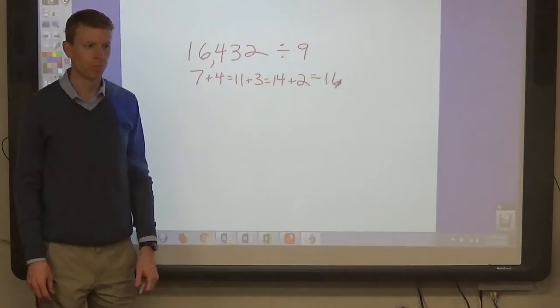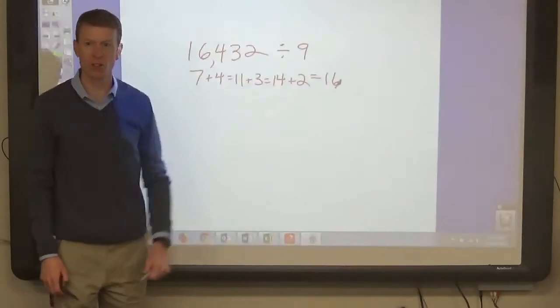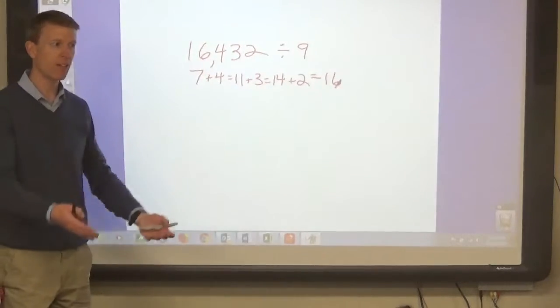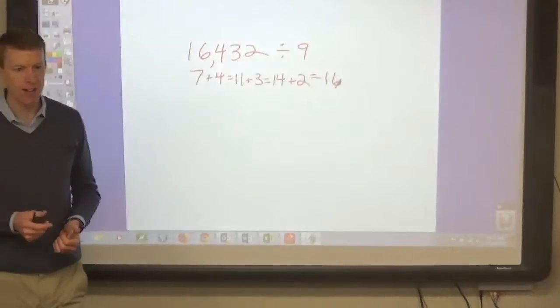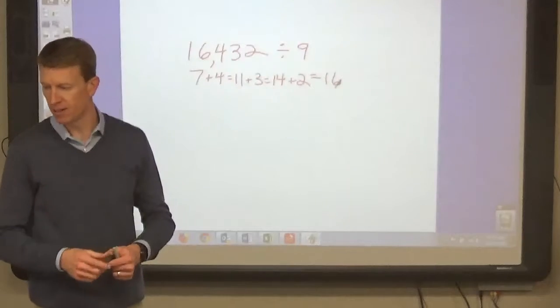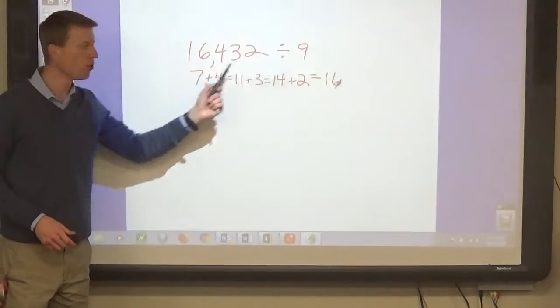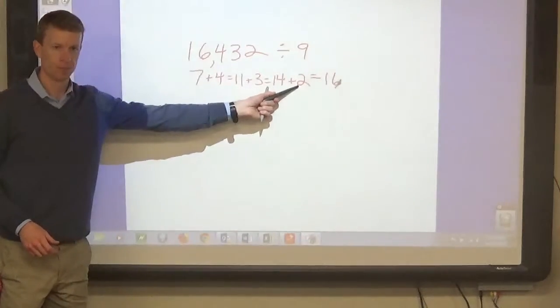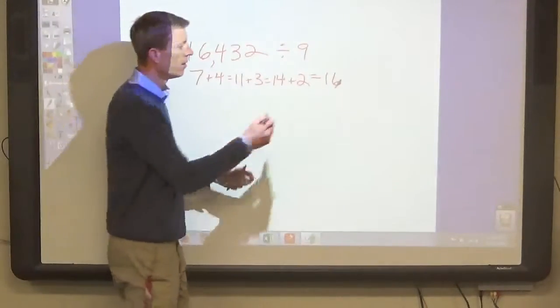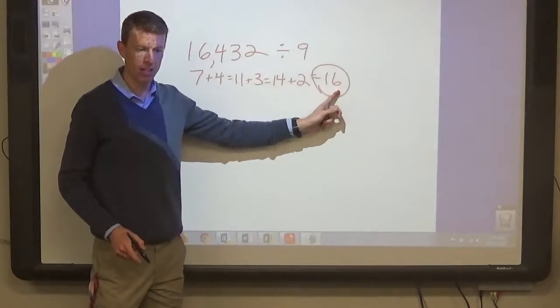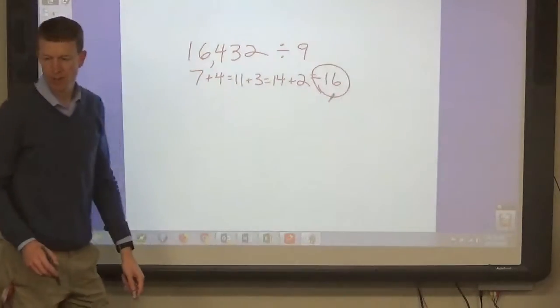No. 9 does not go into 16. 9 goes into 18, or 27, or 36, or 45. Those are all multiples of 9. So that's how you tell if a number is divisible by 9. You add the digits and then ask yourself, is that sum divisible by 9? Okay?